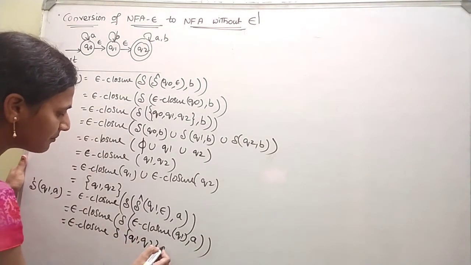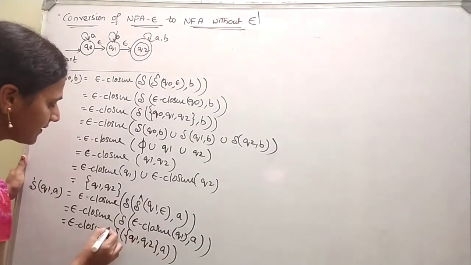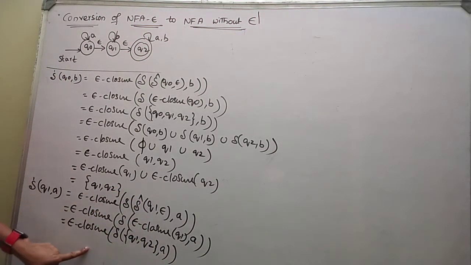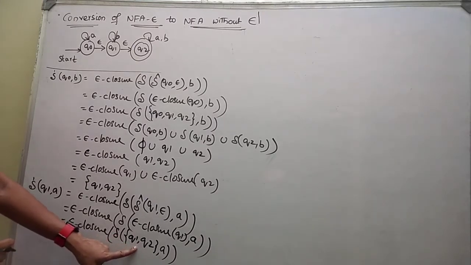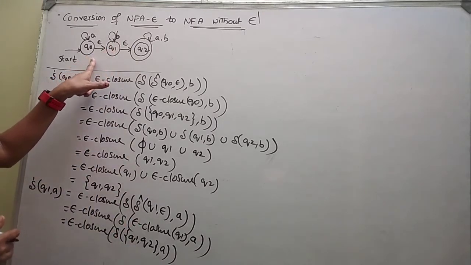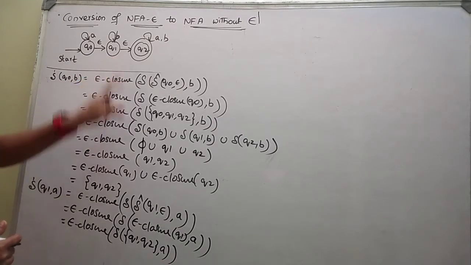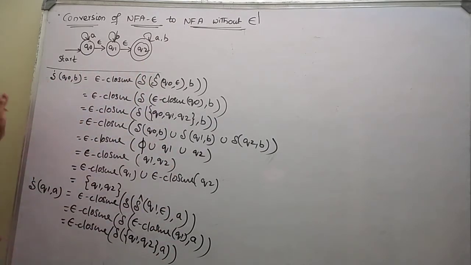By getting input symbol A, we need to compute the resultant state. What is Q1 of A here? We don't have any transition. What is Q2 of A? Q2 itself.